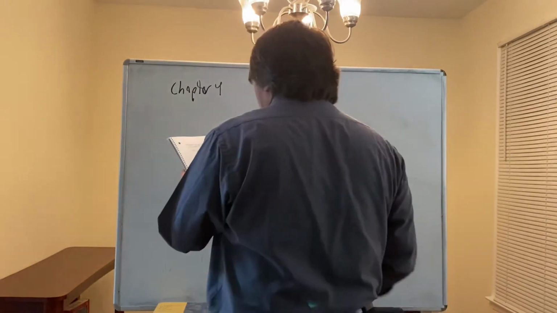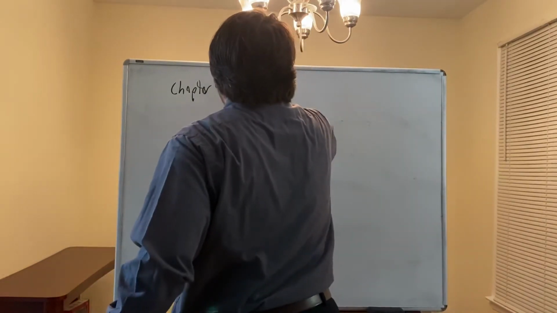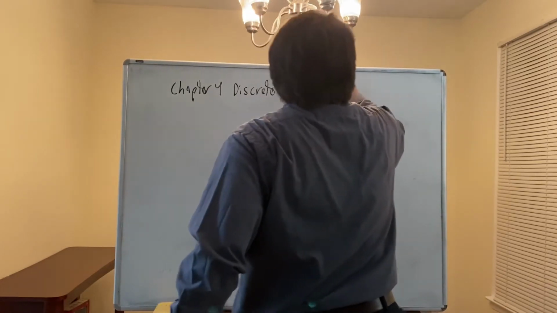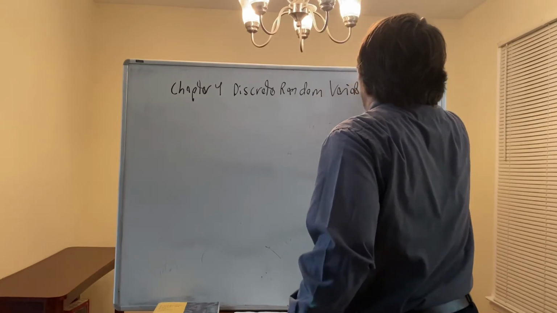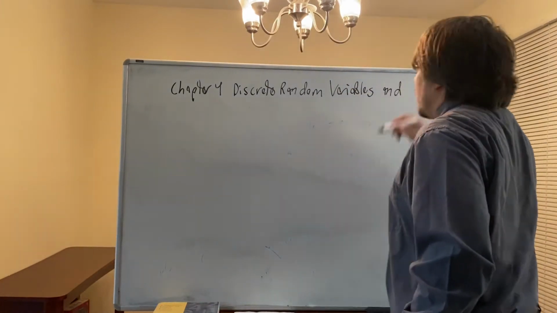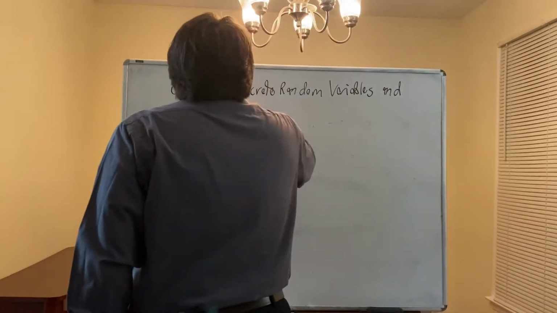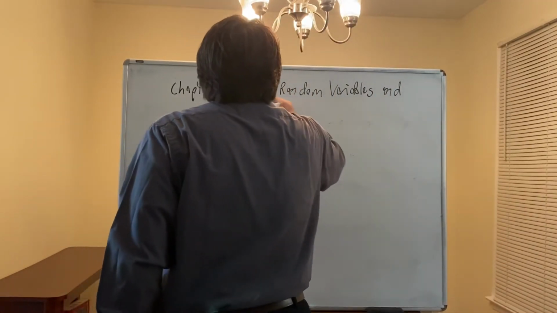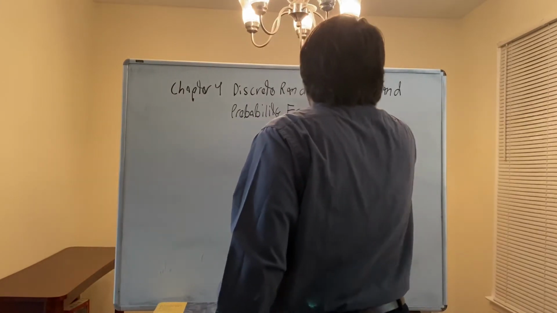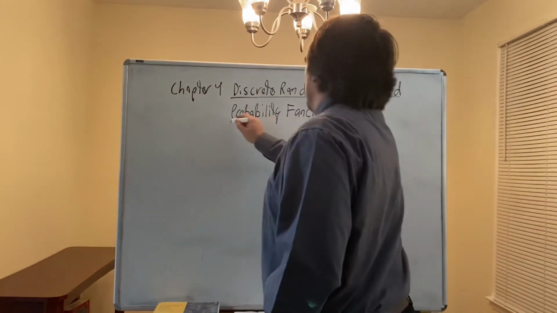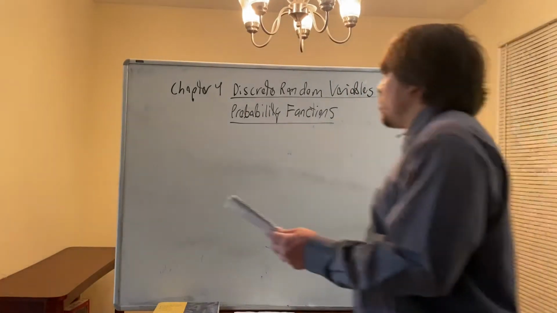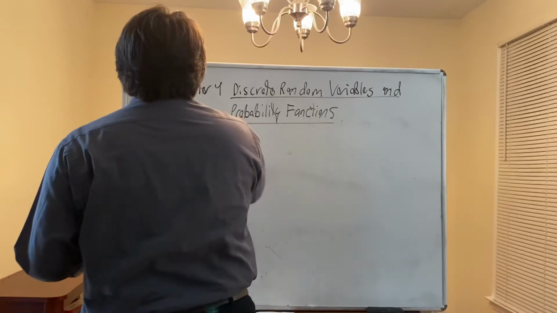So chapter 4 is on discrete random variables and probability functions. So 4.1 introduction.